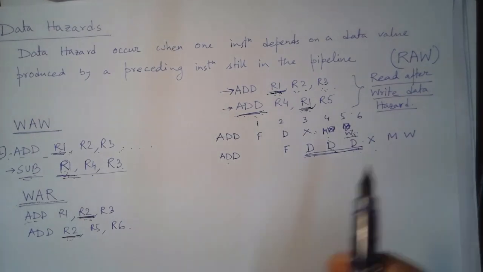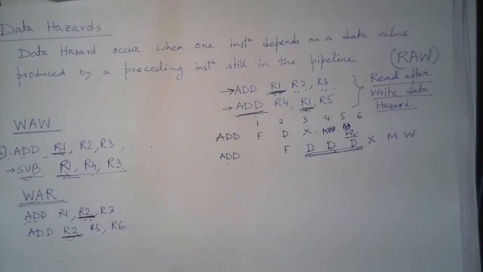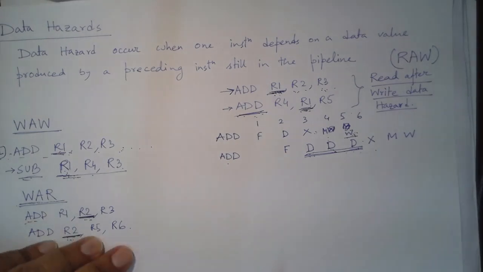Now, what could be the stall logic? The stall logic is very simple, not that complicated, at least if we look at it intuitively. So, stall logic is having this.